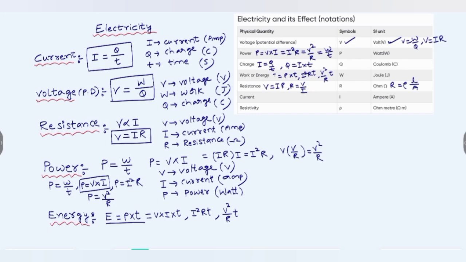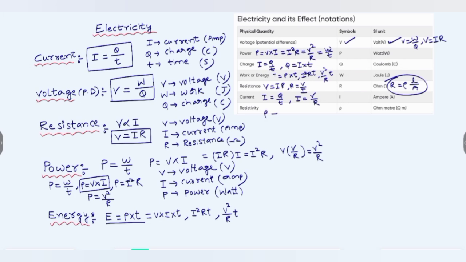You have to remember this also, R is equal to rho L by A. And current, I is equal to Q by T, one formula, and I is equal to V by R. Next, resistivity. From this formula only we find resistivity also.